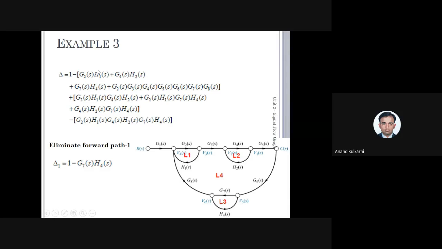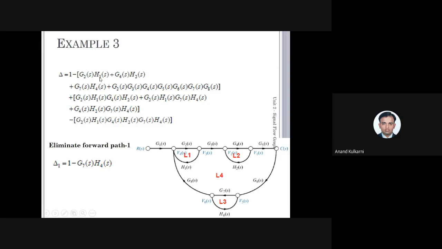Delta is 1 minus the loop gains of all the loops which are present. So there are how many loops? L1, L2, L3, L4, that is what is written here, plus L1L2, L1L3, L2L3, taken 2 at a time, minus L1L2L3.